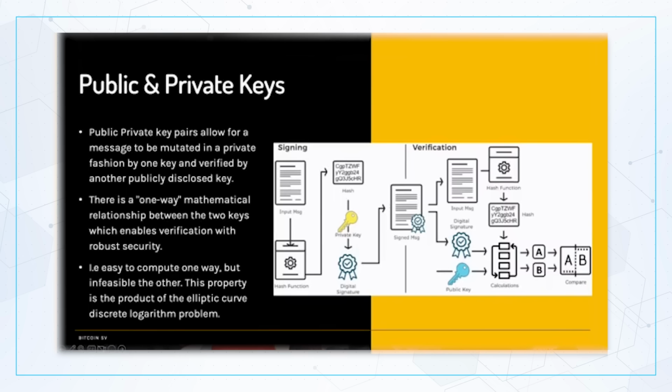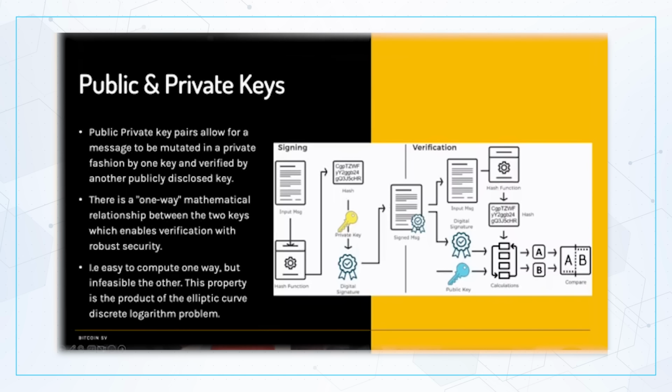Then with this algorithm and calculation process, it can check that the private key that signed it has a mathematical relationship with the public key that was provided in the transaction data. You've probably seen that P2PKH transaction type, which is pay to public key hash. In that, you provide your public key and you provide the signature, and then the node will check that that signature is valid against the message that it recreates as that script context or pre-image.